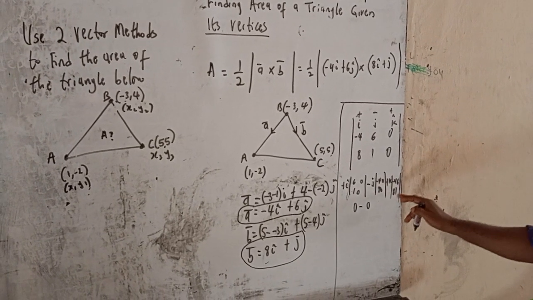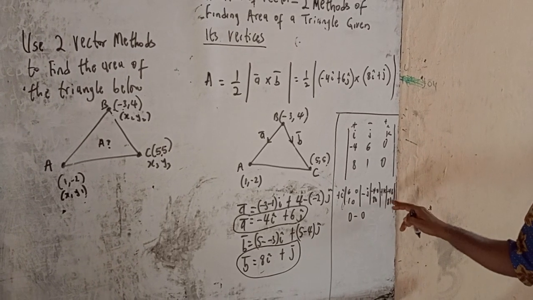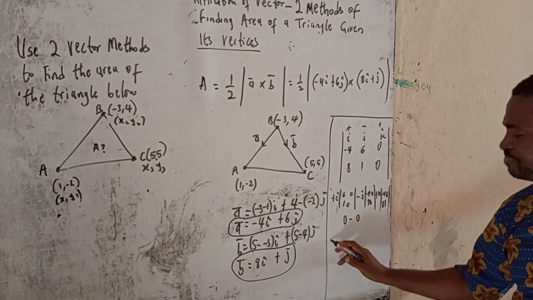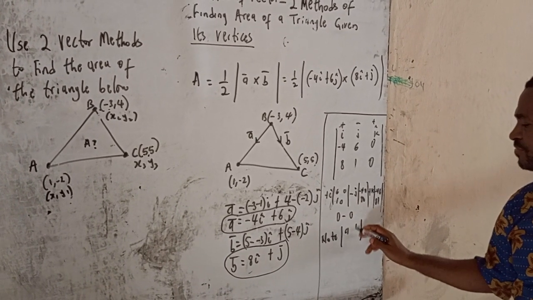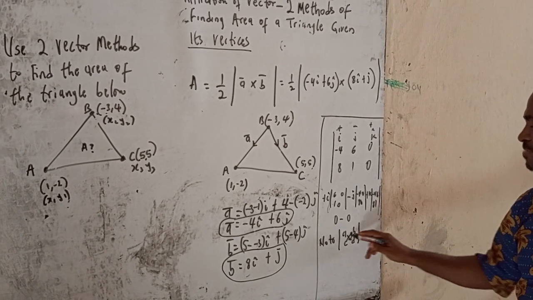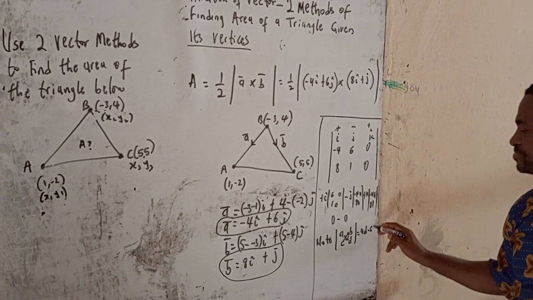Then here, how do we solve a 2D determinant? Anytime, please take note of this. When we have a 2D determinant, how to evaluate it is this: just cross multiply this minus this, which is AD take away BC.